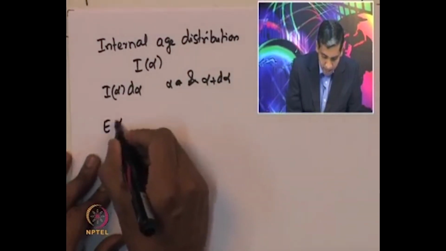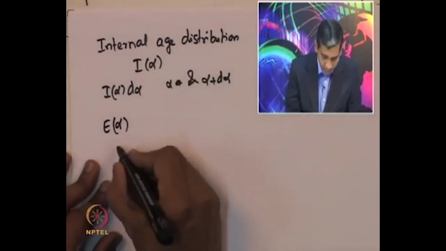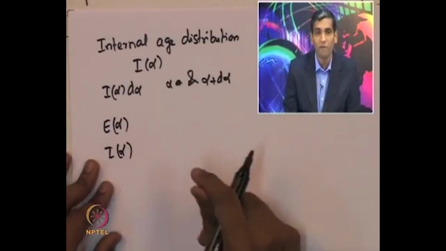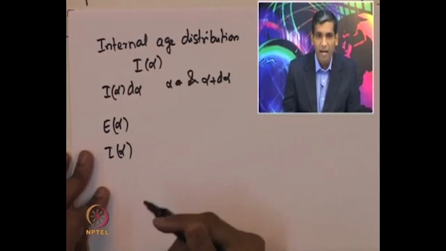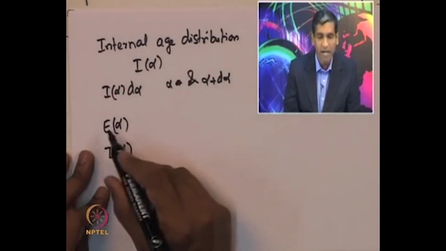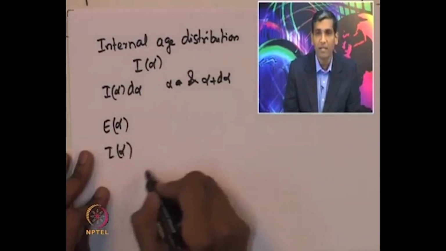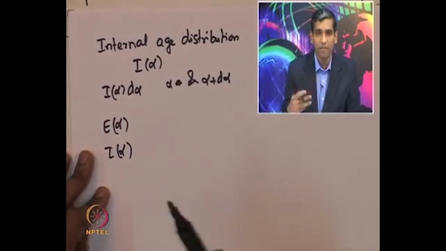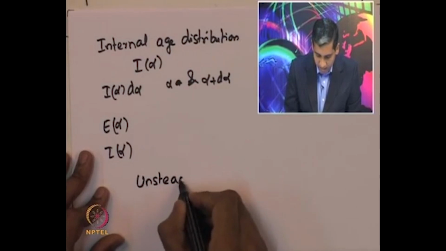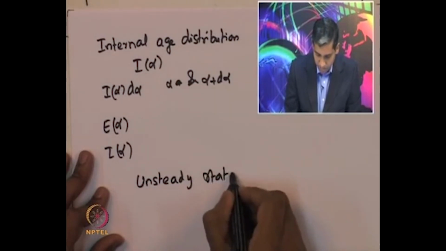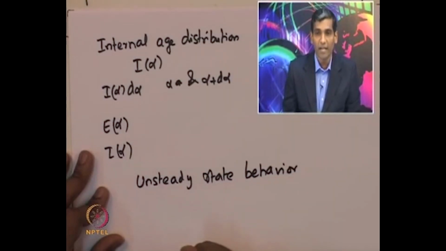So, E alpha essentially represents the age of the fluid that is leaving the reactor, and I alpha represents the age of the fluid that is present inside the reactor. These two have their own utility, and particularly the age of the fluid elements present inside the reactor has significant importance when one wants to study the unsteady state behavior of a particular reactor.